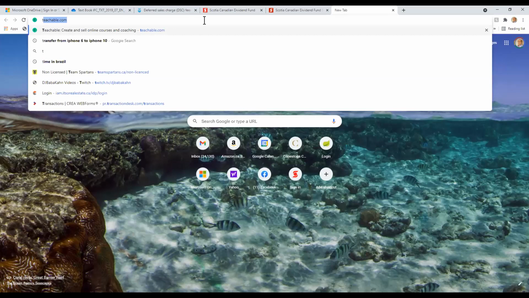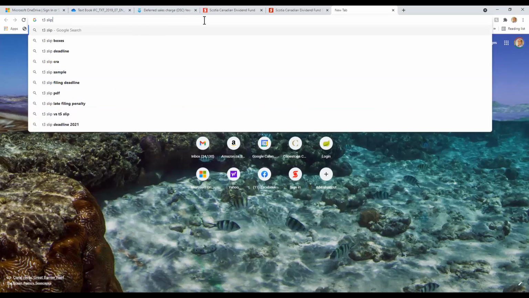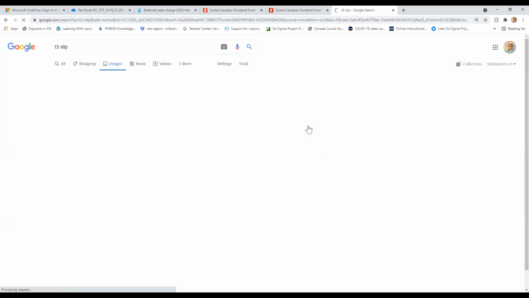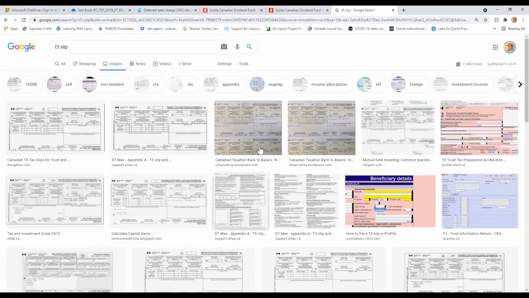But technically, let me show here the T3 and T5 slip. For an investor, what they're going to get is a T3 slip. The T3 slip is going to look like this. It's a T3 slip with some numbers in it.